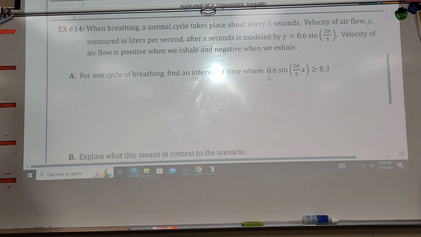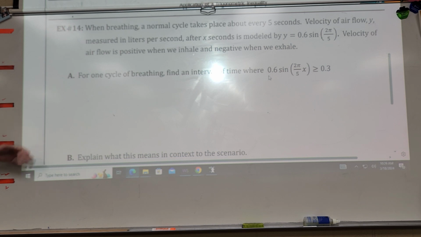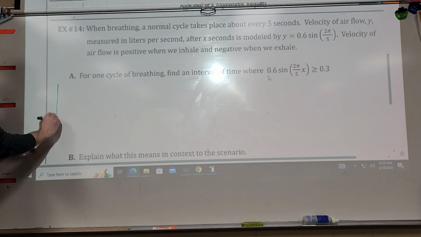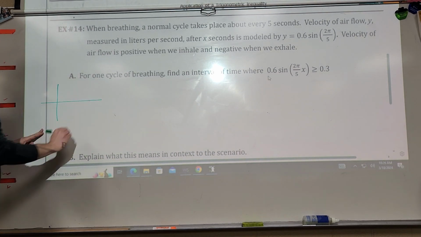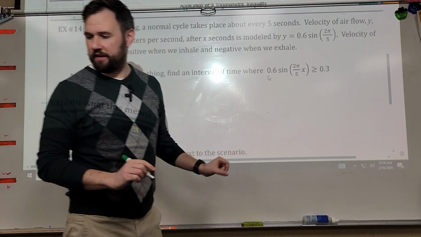Watch this though. Let's sketch a graph of it to help us see what's going on before I solve it. You don't have to sketch a graph, but I'm always going to sketch a graph myself so I can kind of visualize what's going on. All right.